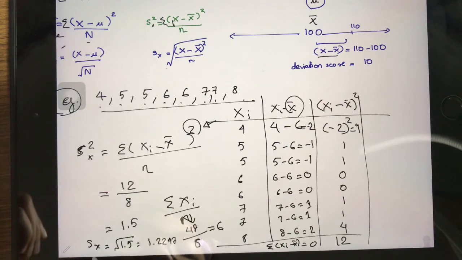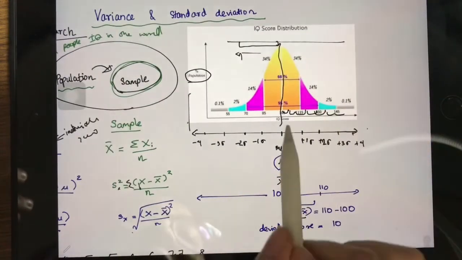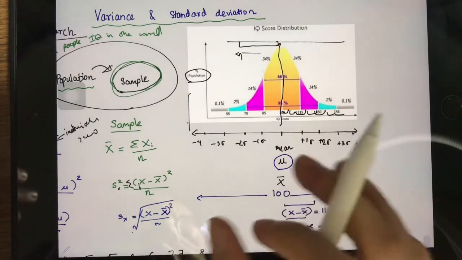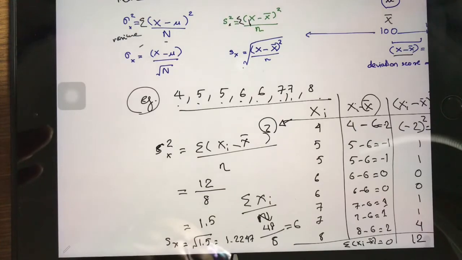The square root of the variance, 1.5, is equal to 1.2247. So this is in the original unit of the distribution, and we can say that at one standard deviation, the scores deviate from the mean by 1.22.